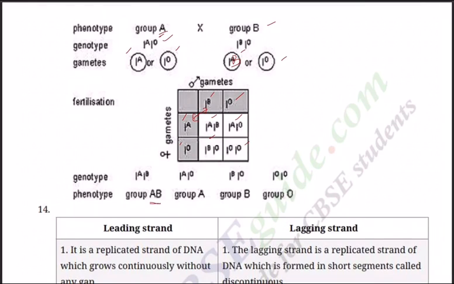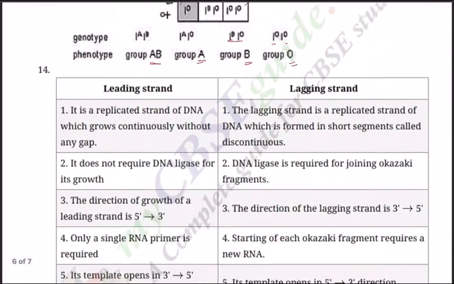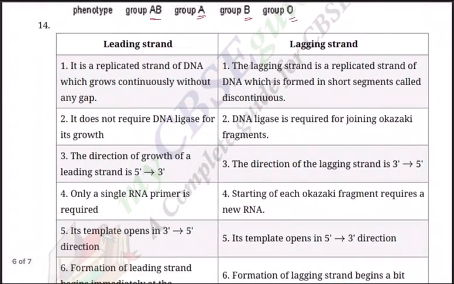So what are the phenotypes of this? IA IB, the blood group has to be AB. Baby's blood group will be AB. If it is a combination of IA i, it has to be A because A is dominant over not having any antigen. IB i, again B is dominant, and if there are no antigens at all, it has to be O group, i i.